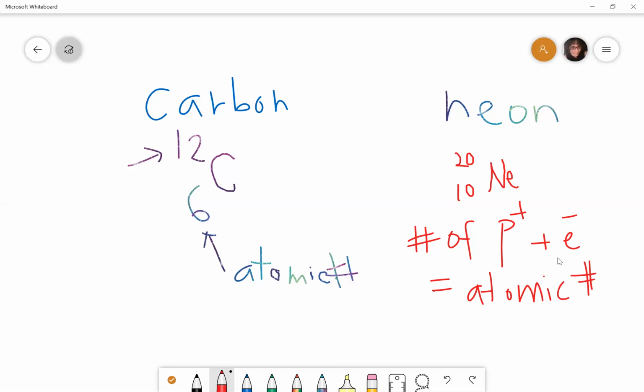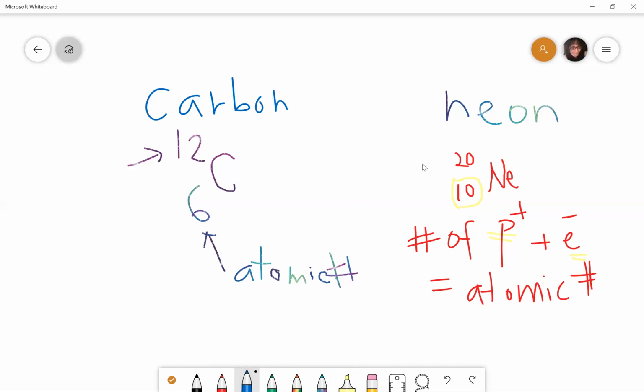So in the case of neon, if neon's atomic number over here is 10, that means that neon has 10 protons and 10 electrons.